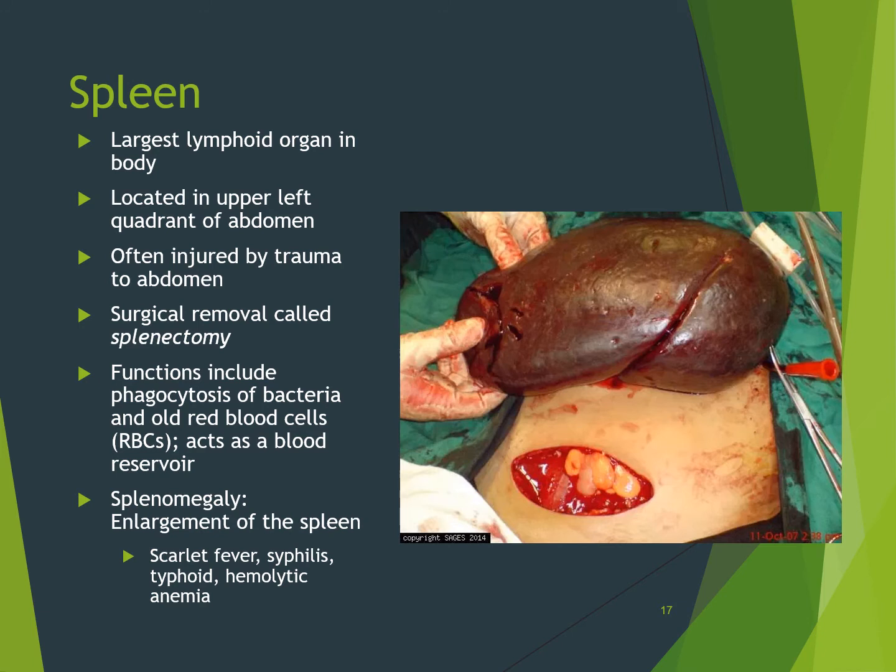This is called splenomegaly, and there are some different causes. Hemolytic anemia can be one. Remember, if we're making a lot of blood cells and a lot of blood cells are dying, they're going to go to the spleen. That's going to cause an enlargement. Scarlet fever, syphilis, and typhoid could also be other conditions that cause splenomegaly.